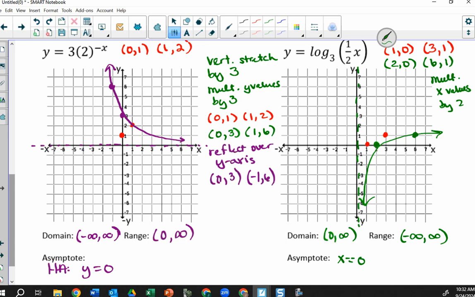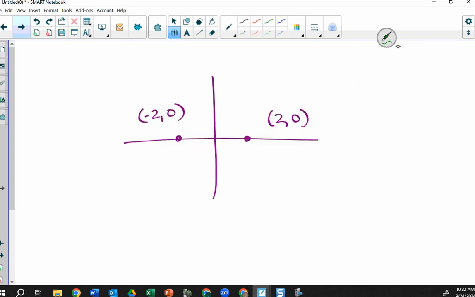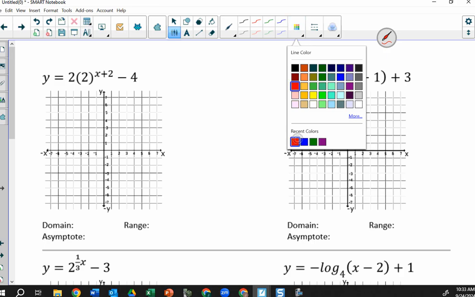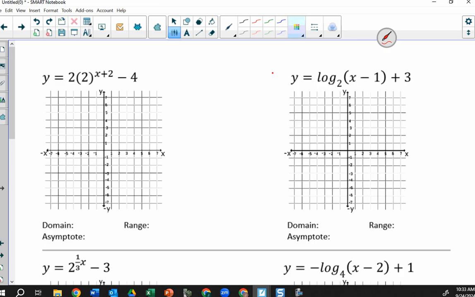All right, let's try some. I'm going to go not in the order that they're listed for you guys here. Do this one first for me. We're going to jump around a little and just go one at a time, okay?